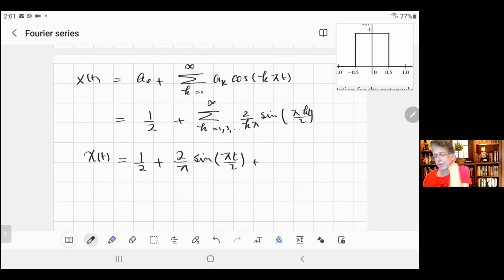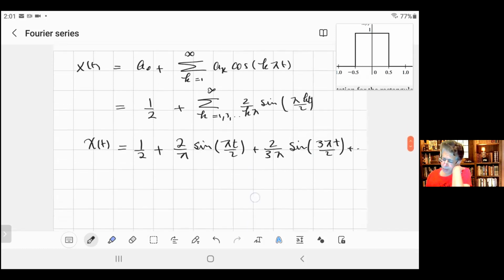Take another one, not 2, 3. So you have 2 over 3 pi sine 3 pi t over 2. I'm substituting the value of k, and you can continue. I just did a few terms.